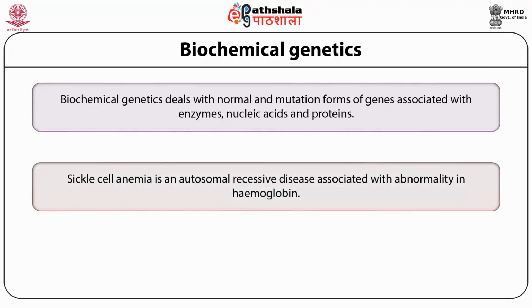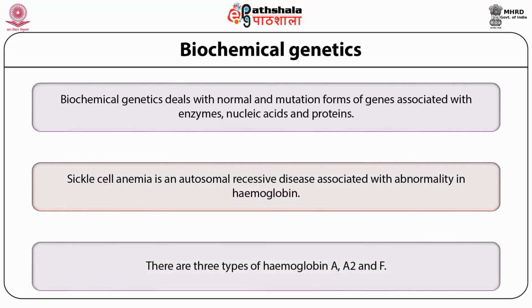Sickle cell anemia, for example, is an autosomal recessive disease associated with abnormality in hemoglobin. There are three types of hemoglobin: hemoglobin A, A2, and F. Hemoglobin A constitutes the major part in the normal adult. Chemically, it consists of 2 alpha chains of 141 amino acids and 2 beta chains of 146 amino acids.